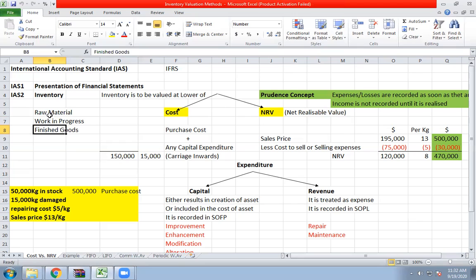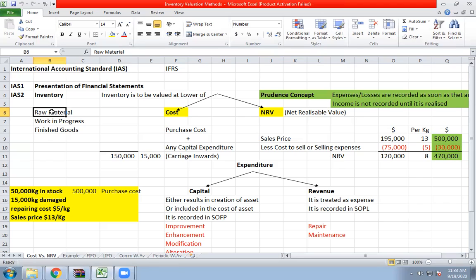Once we prepare our financial statements, let's say today we have to prepare our statement of financial position, which includes assets, liabilities, and capital. We have to record in that statement how much assets we have. And definitely inventory is a current asset.